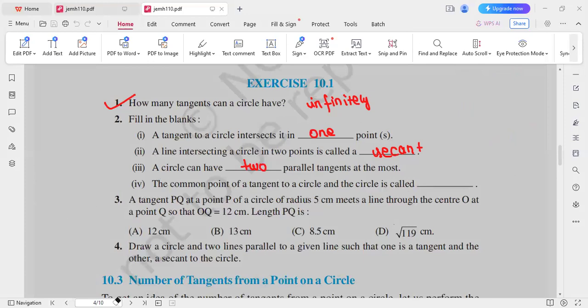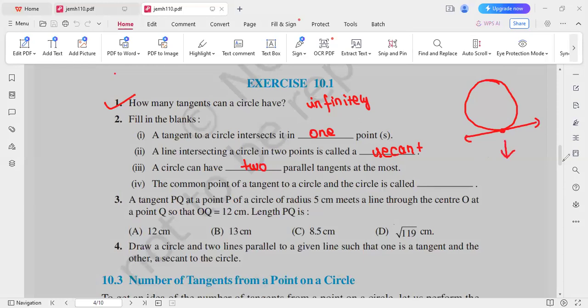If you are having any doubt, you can ask me. Okay. Let's go to the next question. The common point of a tangent to a circle and the circle is called. So there is a circle, and of course this is a tangent. So the common point, that means this point, of a tangent to a circle and the circle is called, what is this point called?